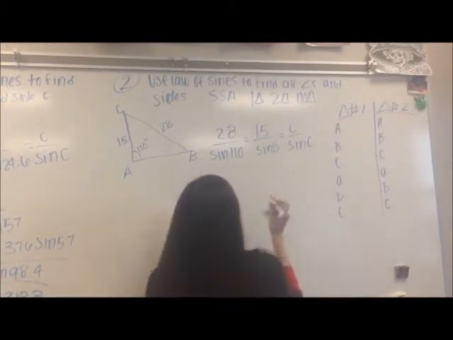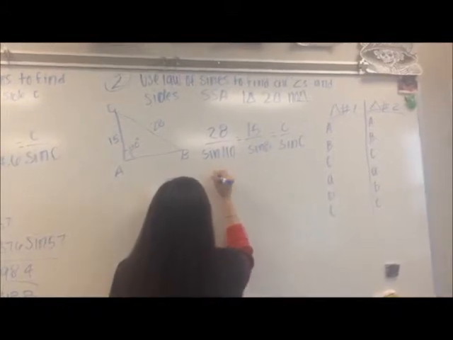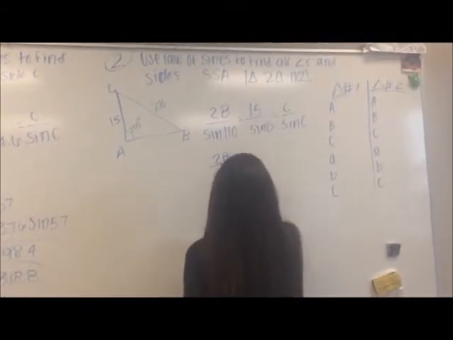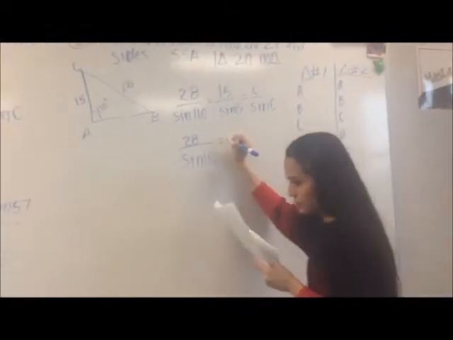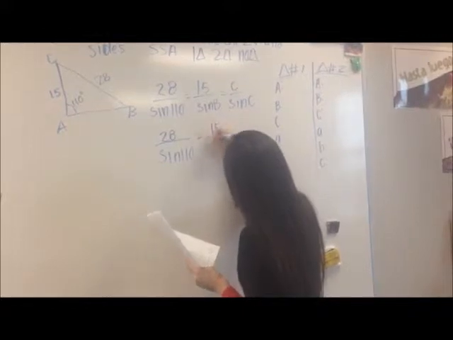So again, we have an empty one, a partial one, and a full one. And we're going to do 28 over sine of 110, which is equal to 15 over sine of b.